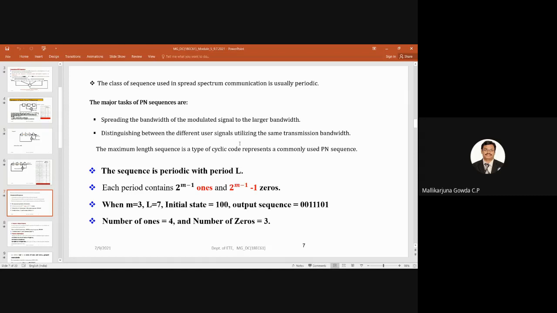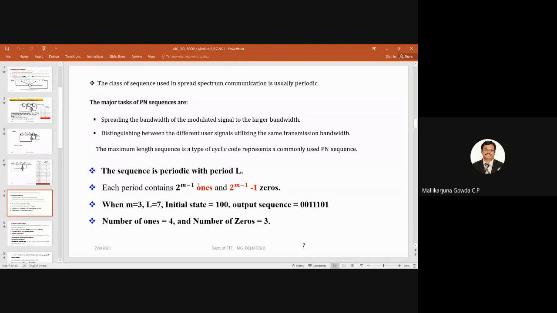The maximum length sequence is a type of cyclic code that represents a commonly used PN sequence. The sequence is periodic with period L. Each period contains 2 power m minus 1 ones and 2 power m minus 1 minus 1 zeros.